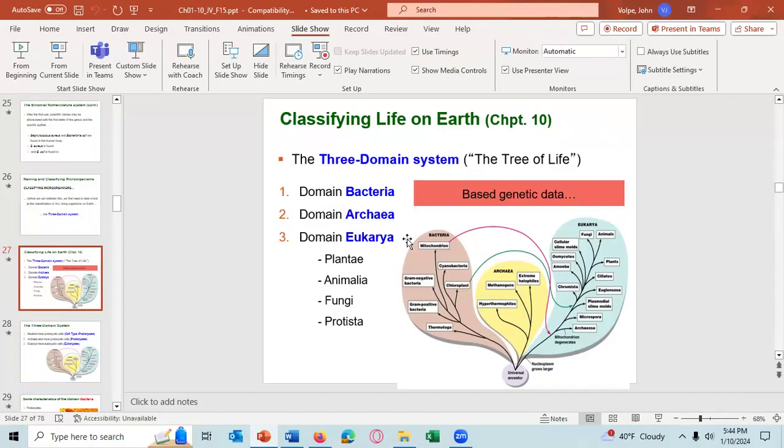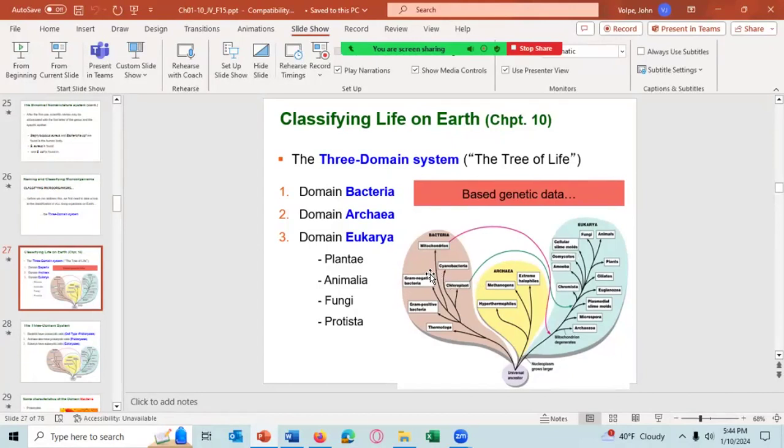All organisms within a domain are more similar in their genetic makeup, meaning the sequence of their DNA is more similar to each member in this domain than any member in the other two domains.